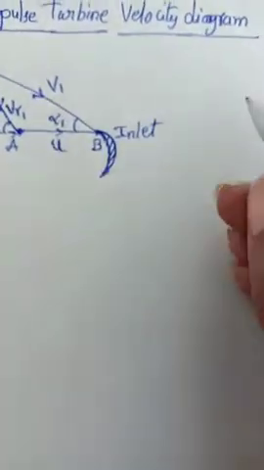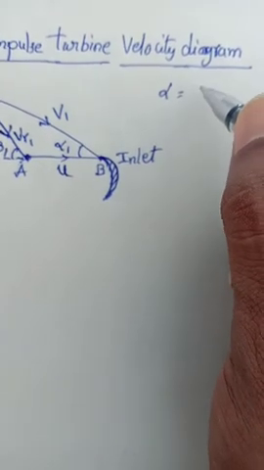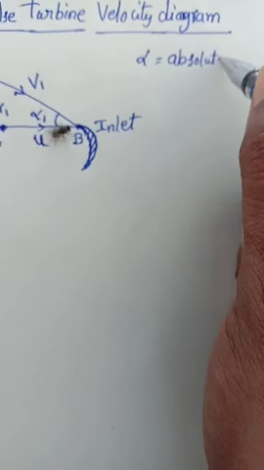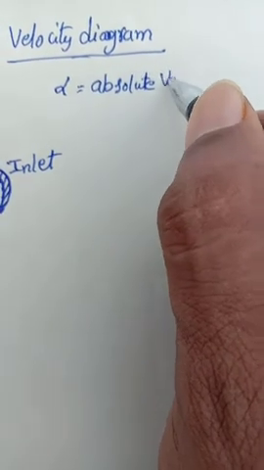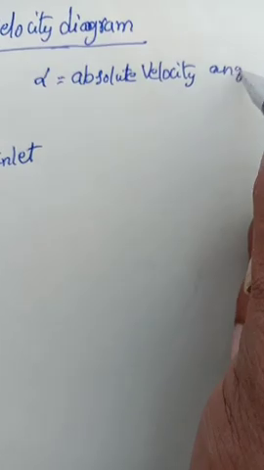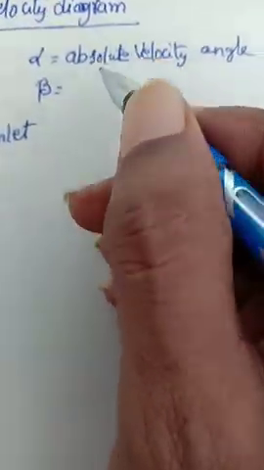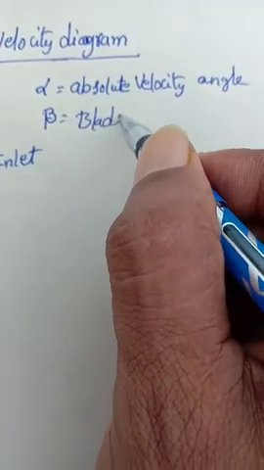So here I write down alpha, I take here absolute velocity angle. Then beta I take for blade angle.